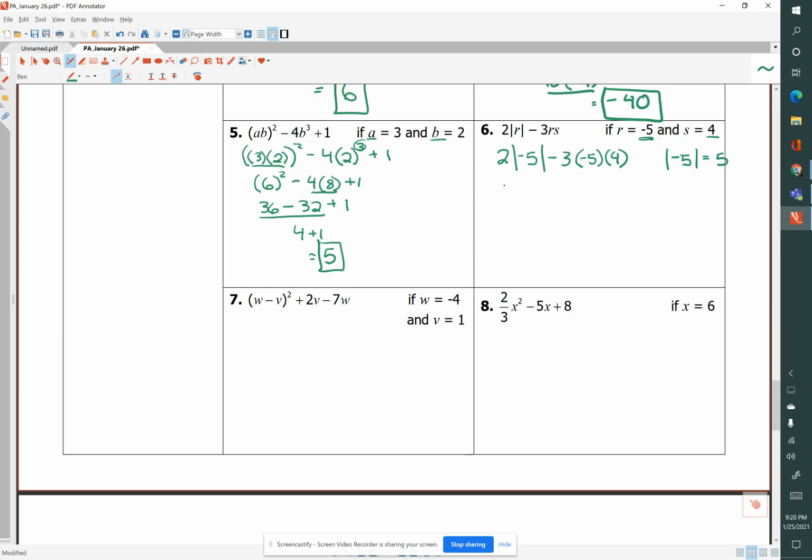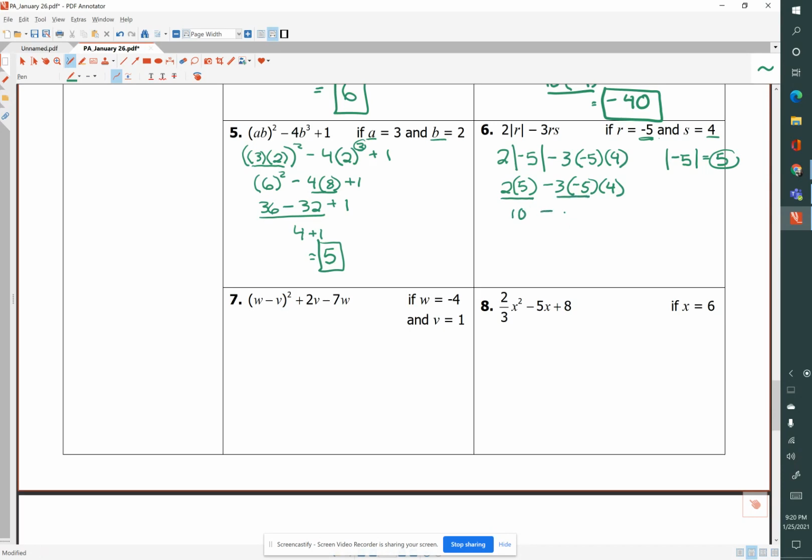So we have 2 times the absolute value of -5, which is 5. We need to use parentheses or it will look like a 25. Minus 3 times -5 times 4. Now, 2 times 5 is 10 minus, and we have more multiplication here.